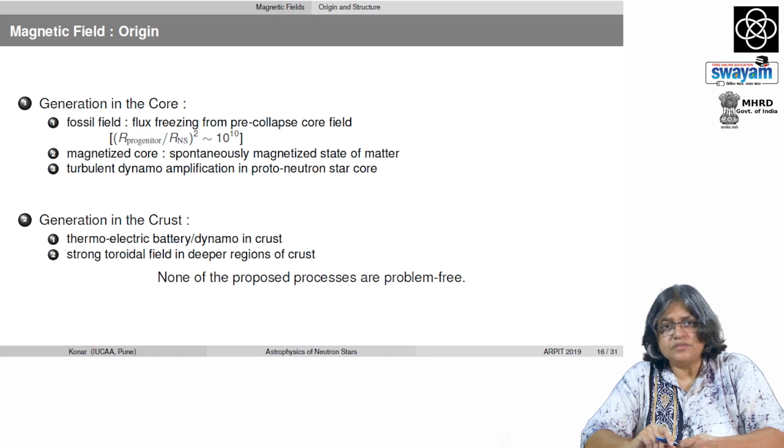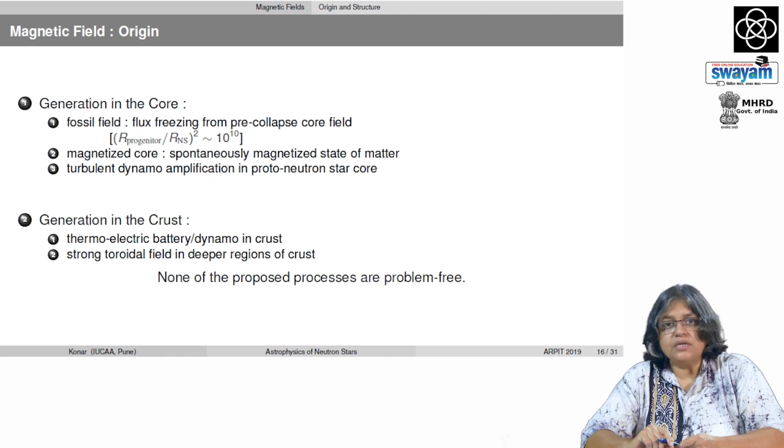Or perhaps the core got spontaneously magnetized to the state that we see today, or it is possible that from a seed field this immensely strong magnetic field has been generated by turbulent dynamo amplification in the proto-neutron star phase.